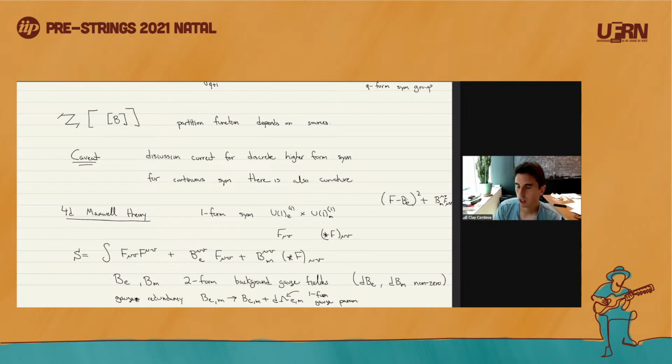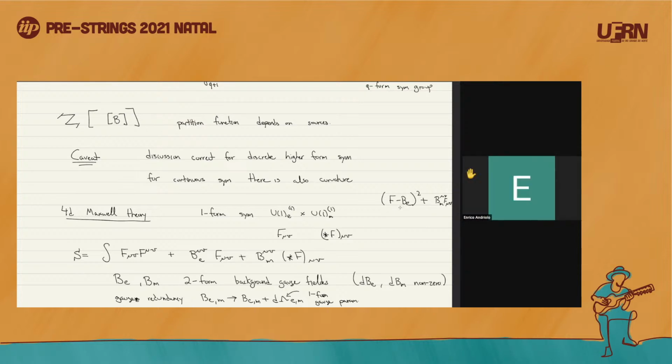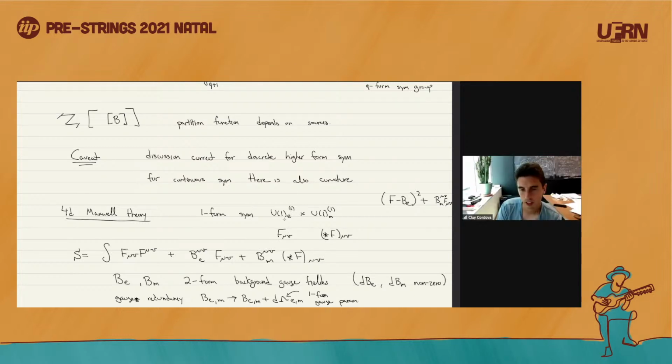But this is manifestly gauge invariant if I assign A to shift under the gauge transformation, which is just to say that this U1 electric symmetry is spontaneously broken in this theory.